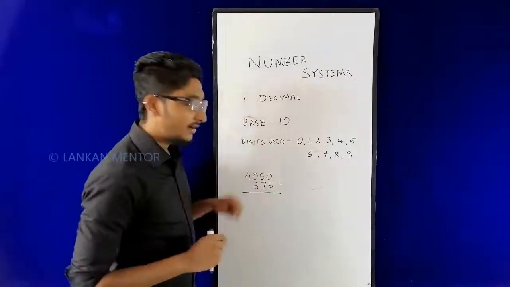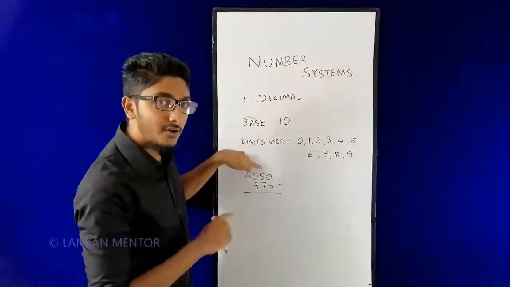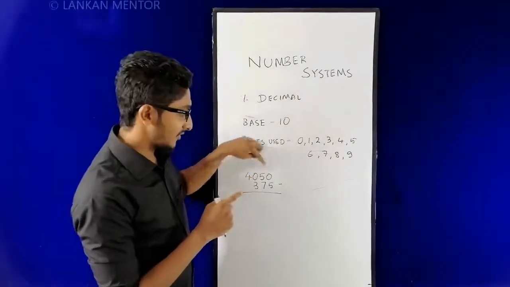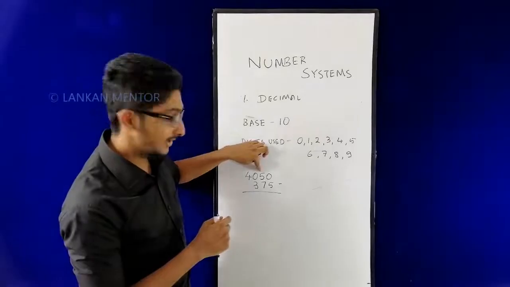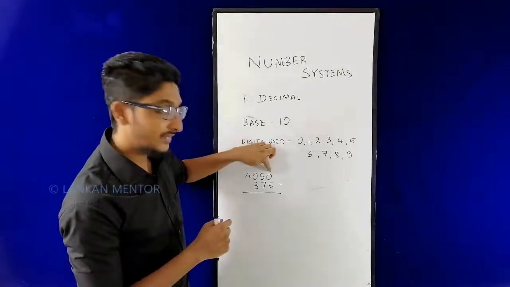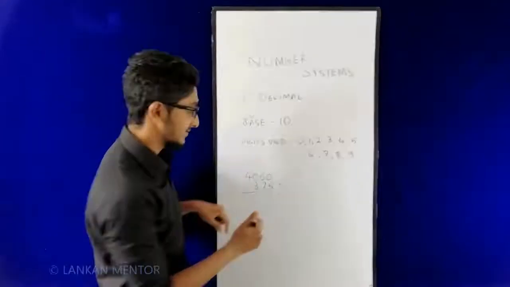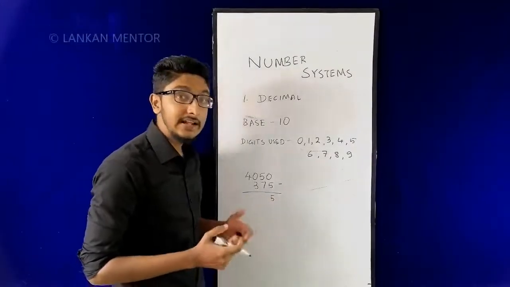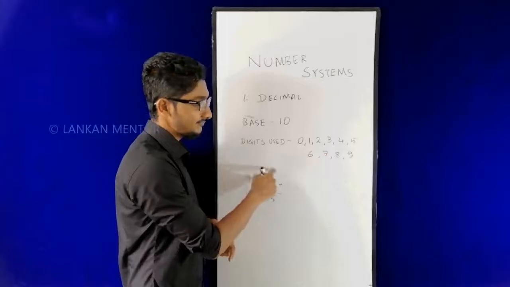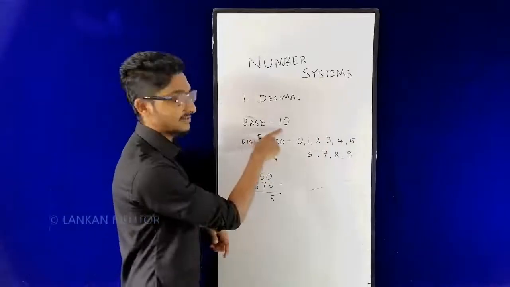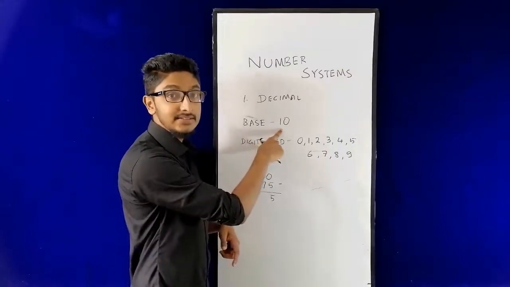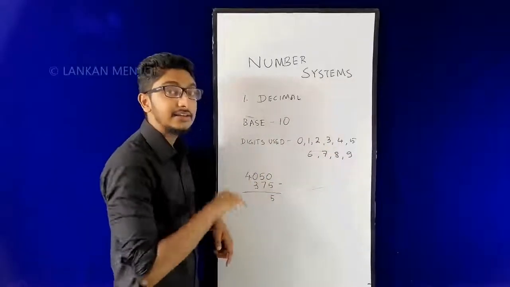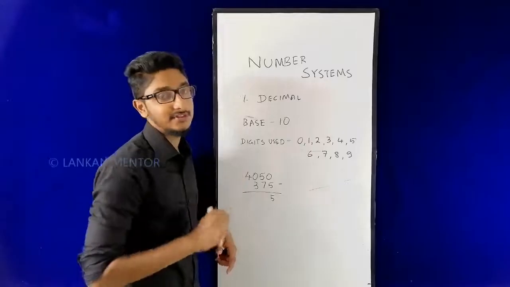When you borrow 1 from this side, 10 comes over here. That is why 10 minus 5 is 5. How did 10 come there? Because the base is 10. Therefore, for each and every place, 10 comes up.